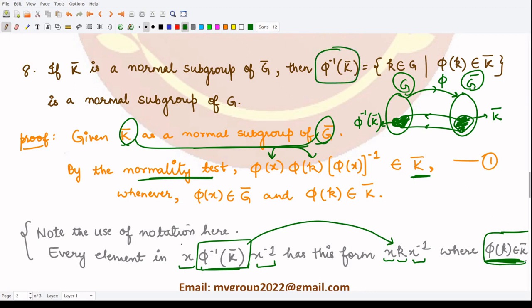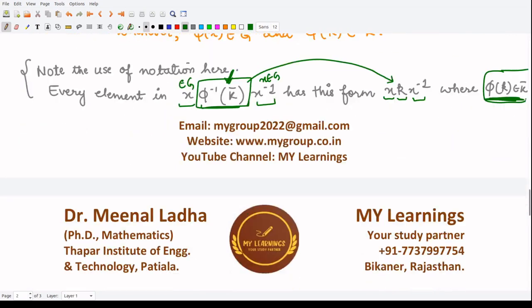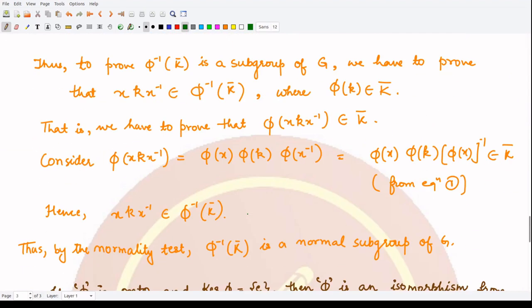Because we wanted to prove this to be a subgroup. So that means we have to take some element from G here, and its inverse would also belong to G. So here we should take some element of phi inverse K bar in order to prove this to be a normal subgroup. Thus, to prove that phi inverse K bar is a normal subgroup of G, we have to prove that x k x inverse belongs to phi inverse K bar, where phi of k belongs to capital K bar, right?